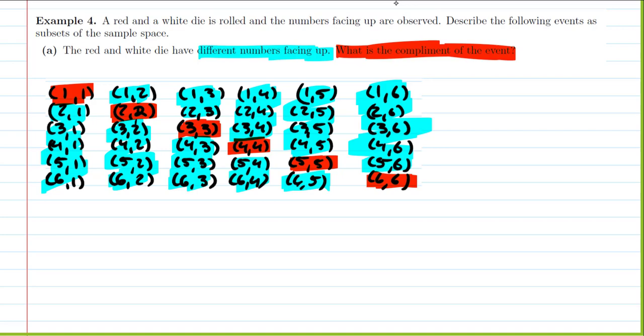So how many events are there where they have different numbers facing up? 5 plus 5 plus 5 plus 5 plus 5 plus 5 is 30. Then the number of events in the complement is going to be 1, 2, 3, 4, 5, 6, right? So E is the blue, and E complement is going to be the red.